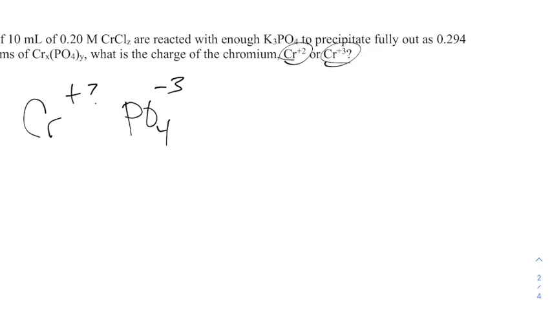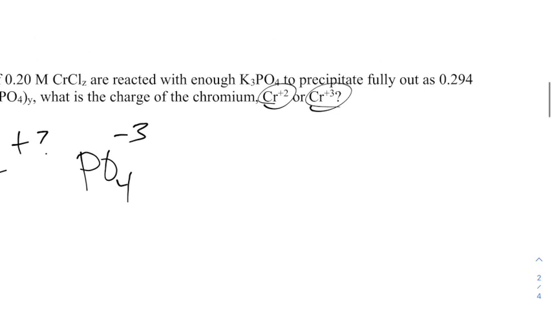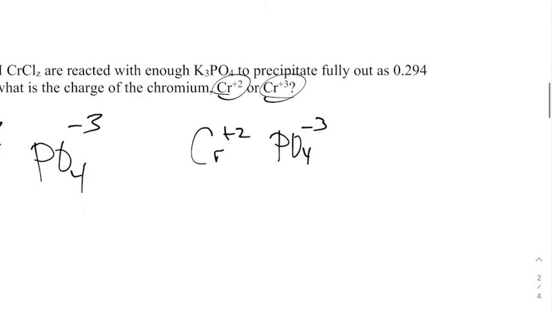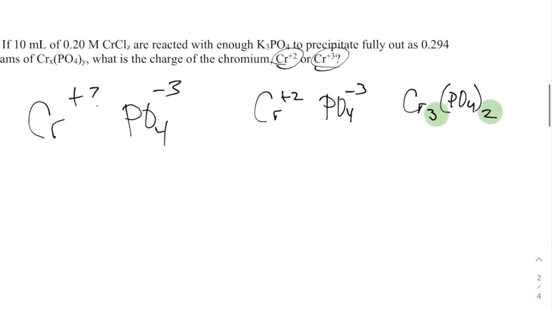So what are the possible outcomes of this? Well, if it's chromium with a +2 and phosphate with a -3, then you would end up with Cr3(PO4)2, and you would have a 3-to-2 ratio there.